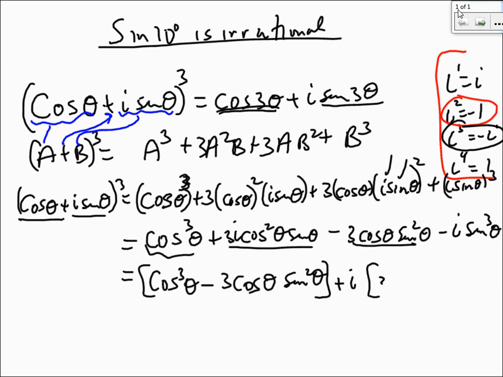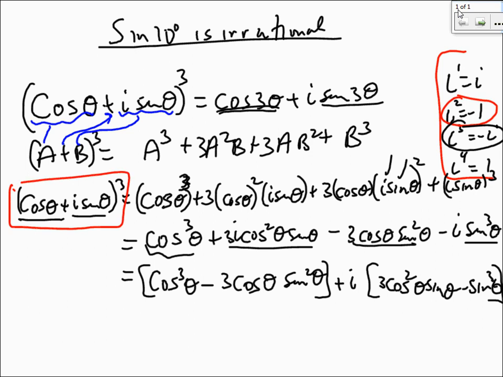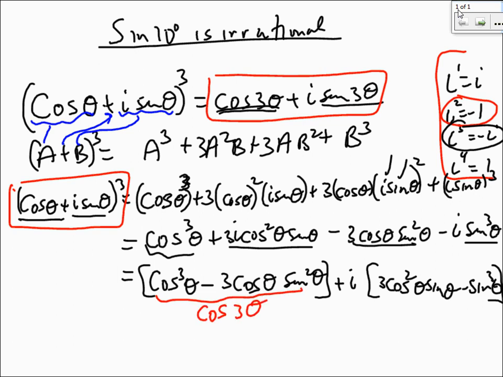I factor out the i, so it's 3 cosine squared theta sine theta minus sine cube theta. And now we know two things. This is equal to the last row, and it equals this. That is, this must be cosine of 3 theta, and this here is sine of 3 theta.